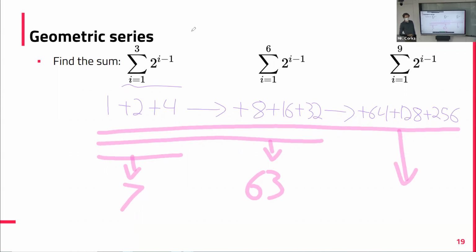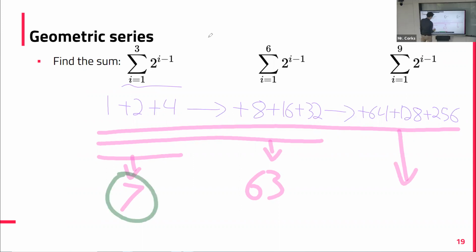Okay, look at the pattern that we see so far here.